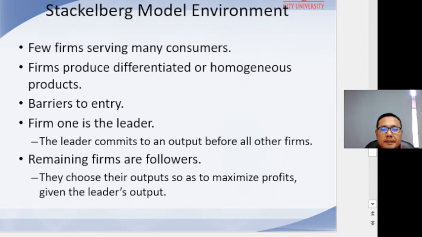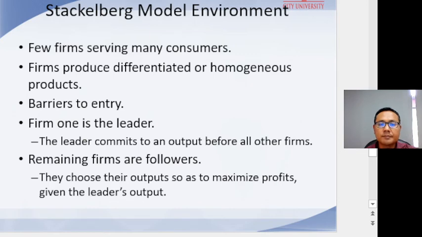Up until this point, we have analyzed oligopoly situations that are symmetric, in that firm 2 is the mirror image of firm 1. In many oligopoly markets, however, firms differ from one another. So in a Stackelberg oligopoly, firms differ with respect to when they make decisions.